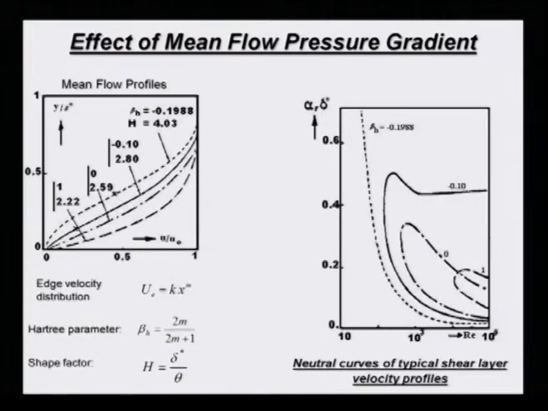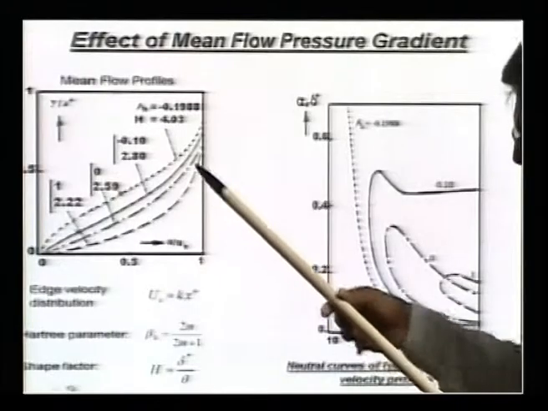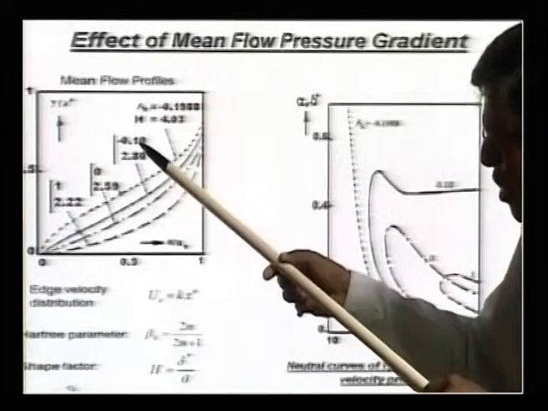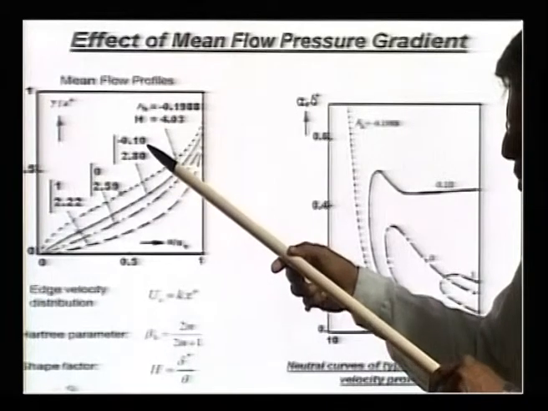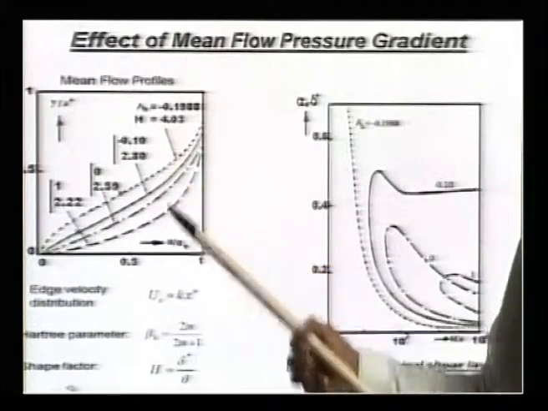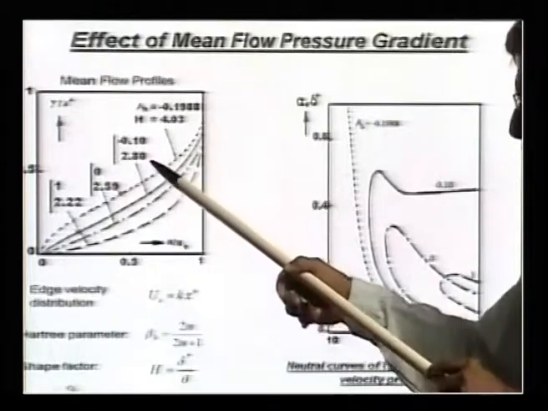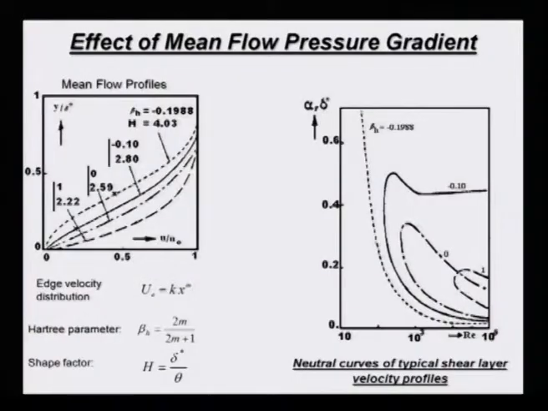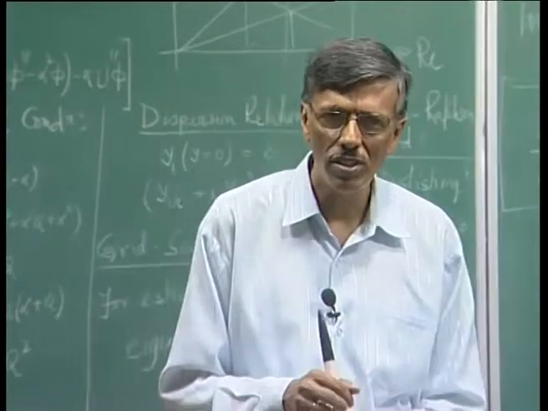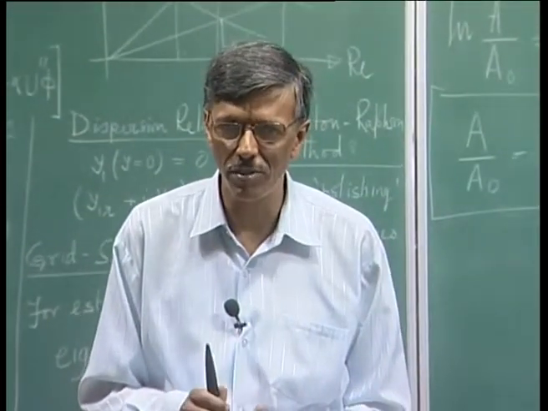That is an adverse pressure gradient flow. This case corresponds to a value of m equal to minus 0.1, and the corresponding h has turned out to be 2.8. So, should h increase or decrease for adverse pressure gradient?